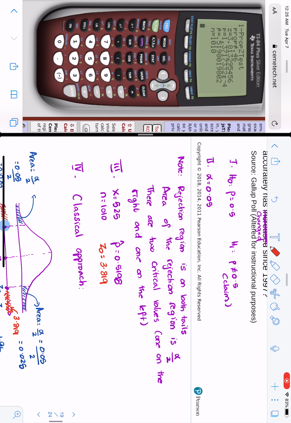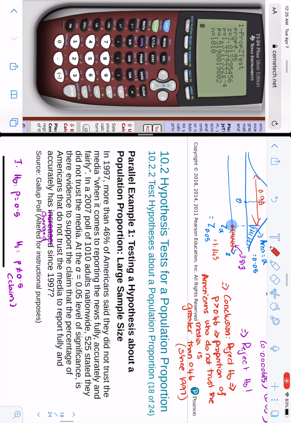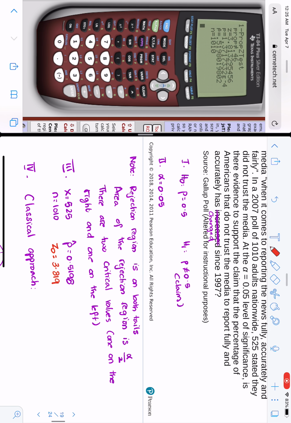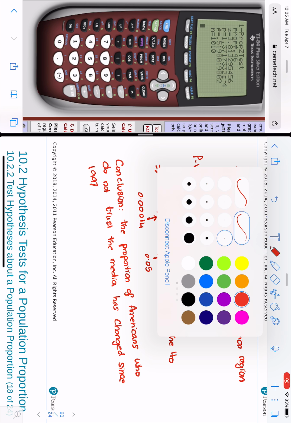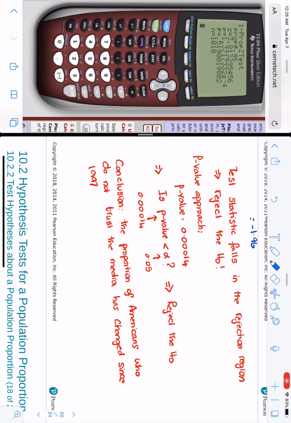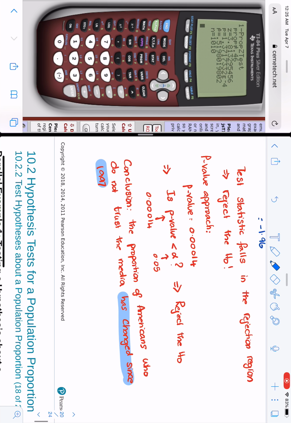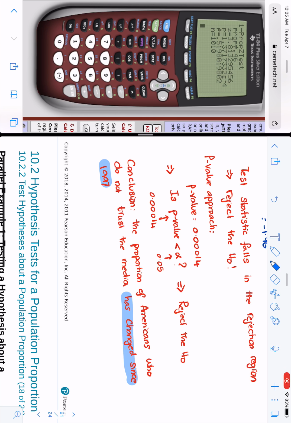So if the right-tailed test indicates it is greater than 0.46, it should imply that things changed, and you can see that we came to a similar conclusion that the proportion of Americans who do not trust the media has changed since 1997.